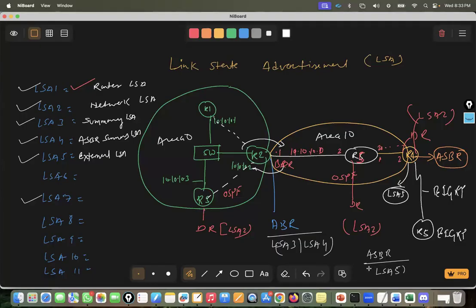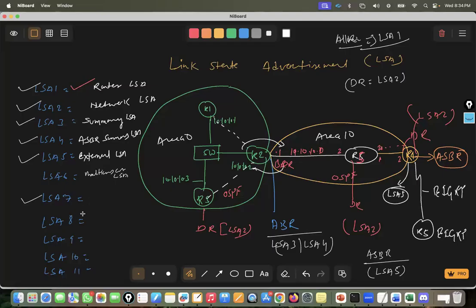The DR is going to inject only one LSA, that is LSA2. All routers are going to generate the LSA1. Clear? If you're using multicast, then LSA6 is going to be used for multicast. If you configure multicast, that is known as a multicast LSA.